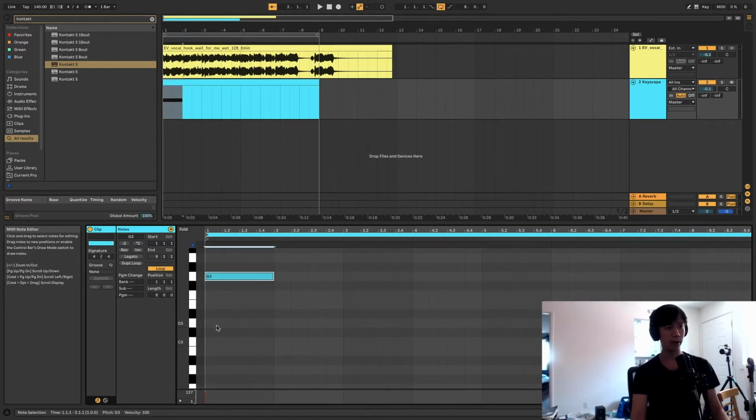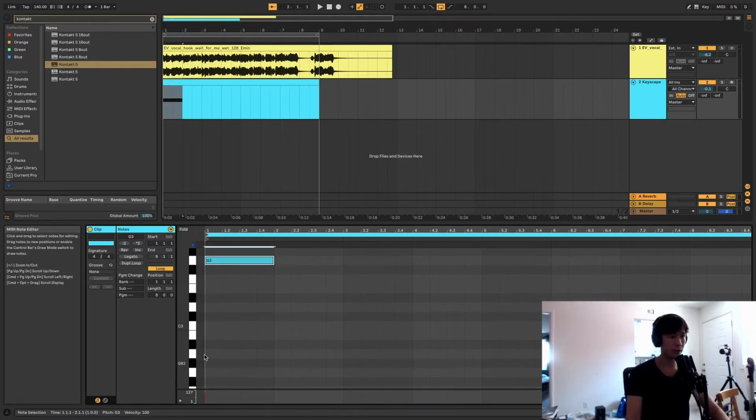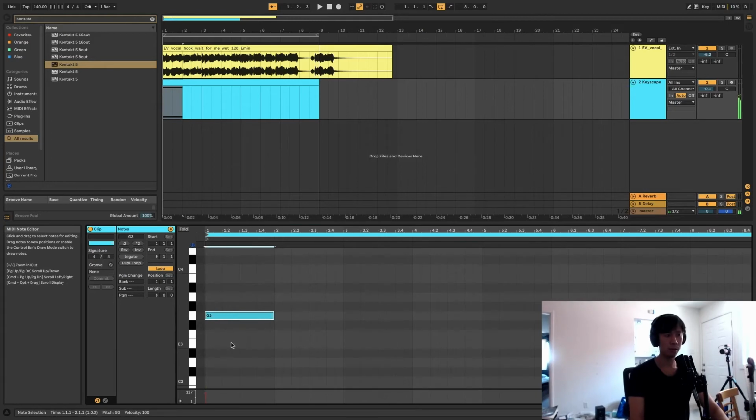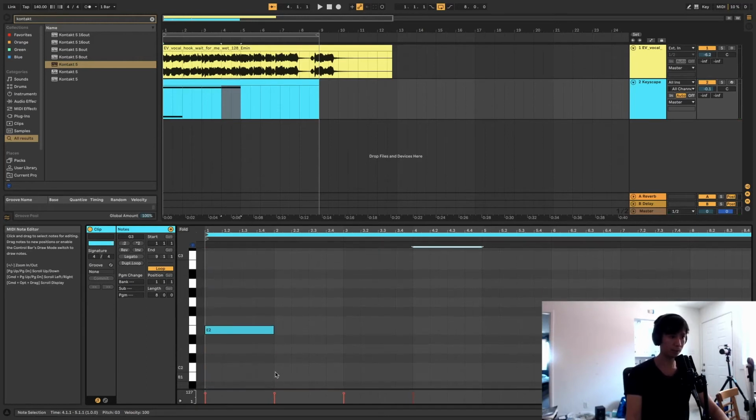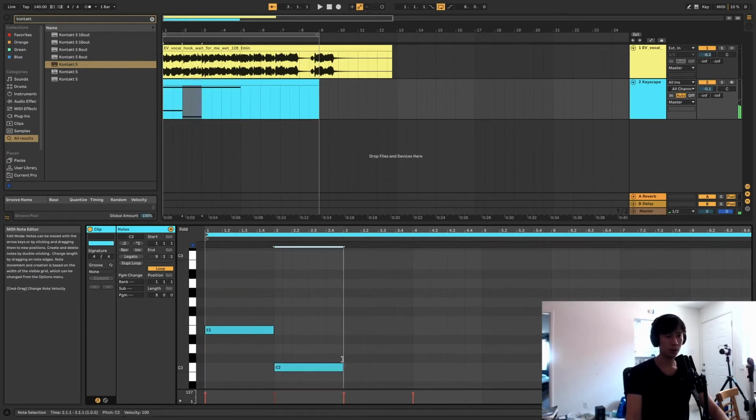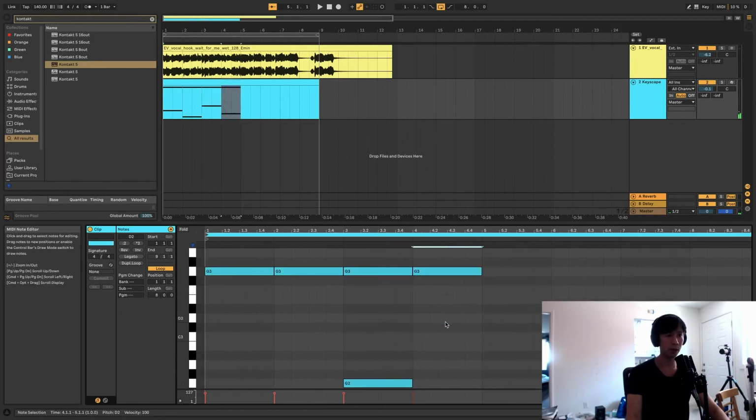So the 1 in the E minor scale would be the E, and then the 6 would be a C, and then 3 would be the G, and then 7th would be D. There you go. And then basically you would have this chord progression.